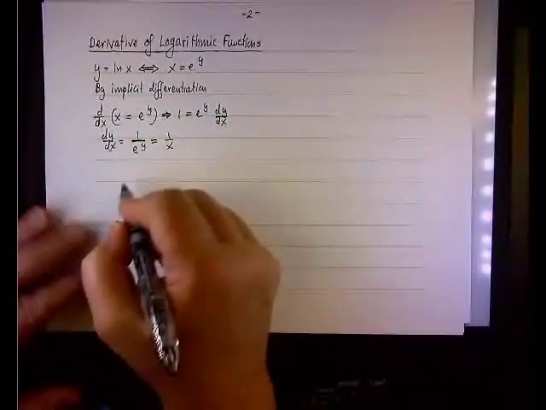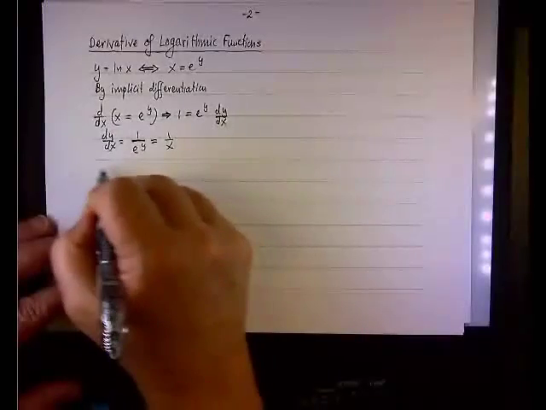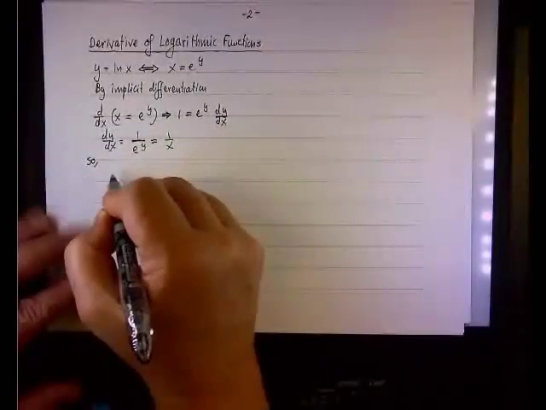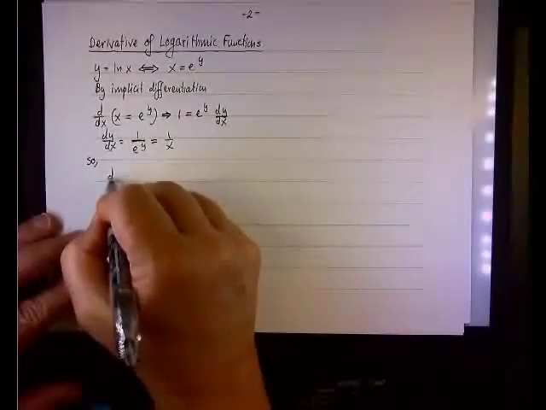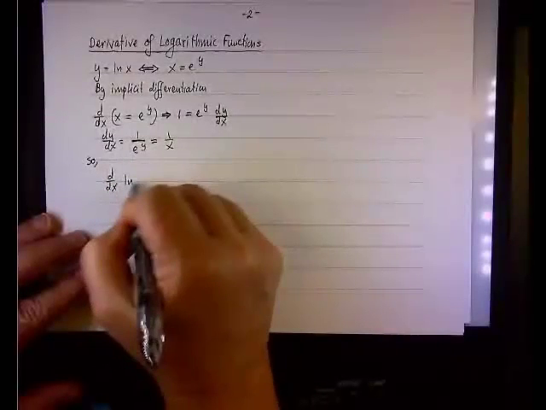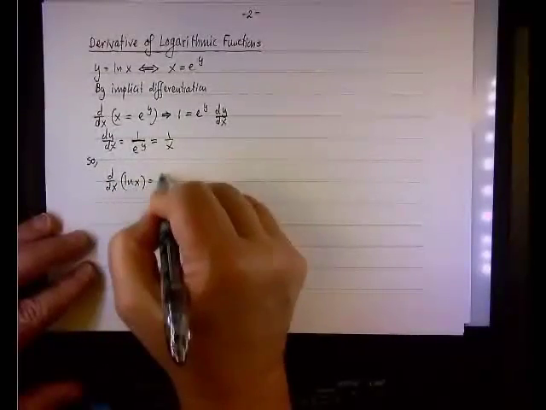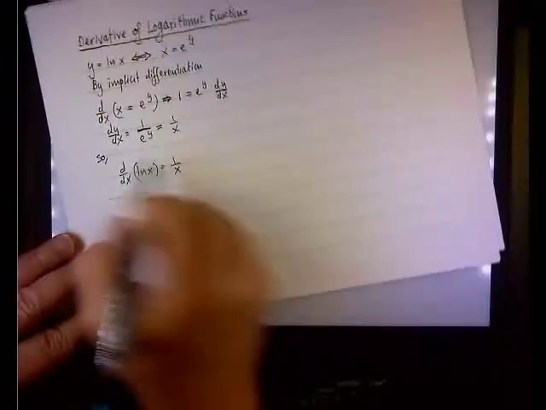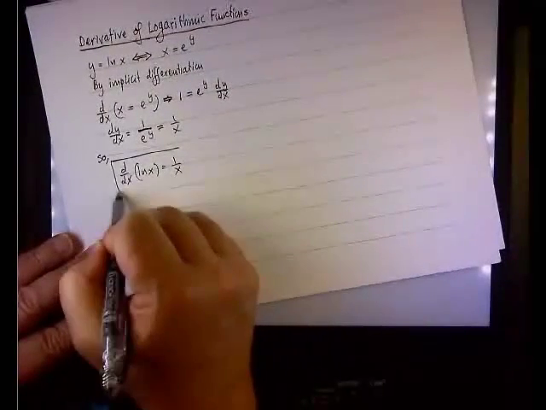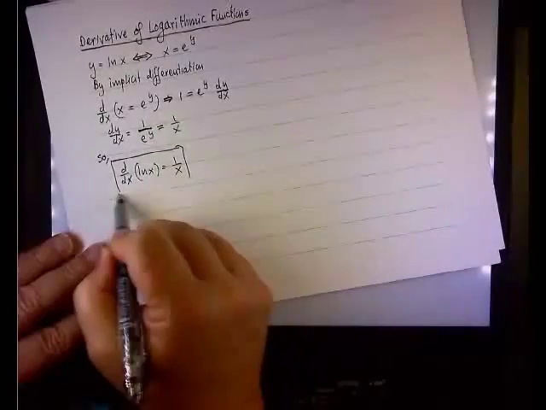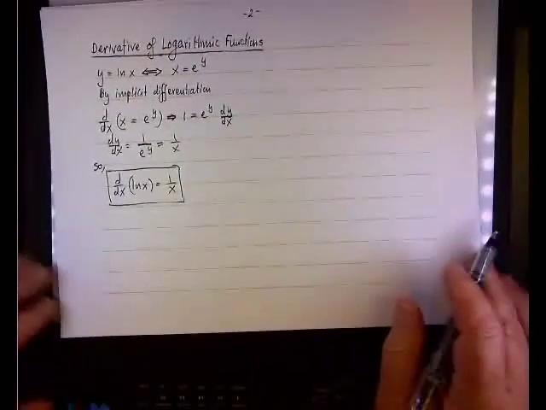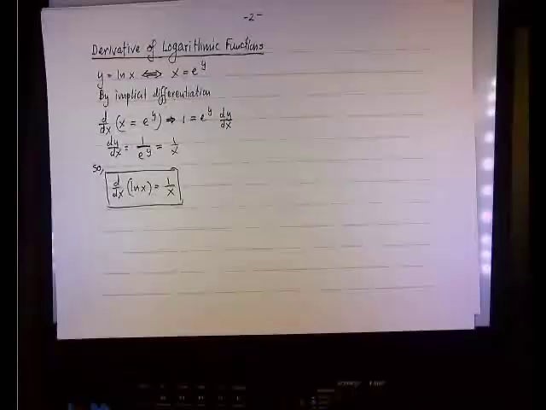This gives us the famous differentiation rule for the logarithm: d/dx of the natural log of x is 1 over x. Somebody asked me on Wednesday what the derivative of the natural log is. So there you have it.